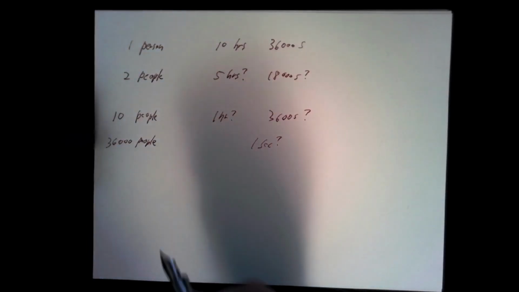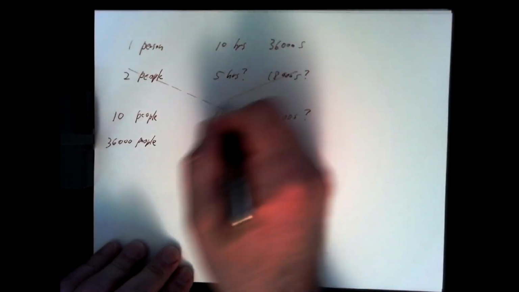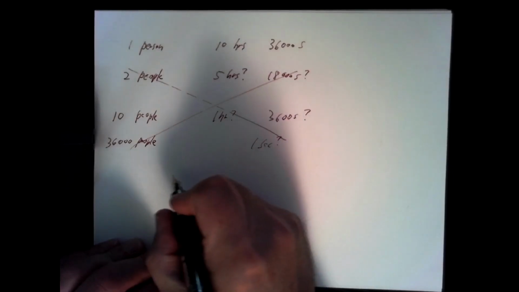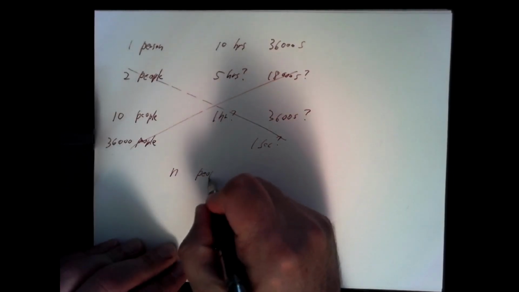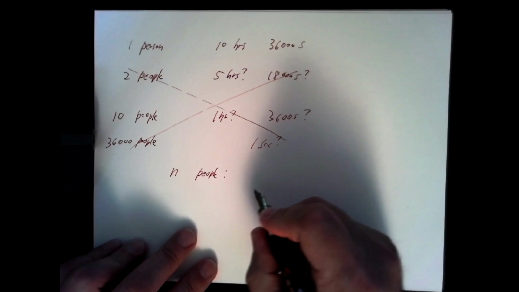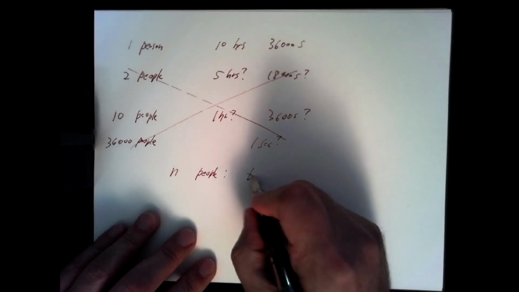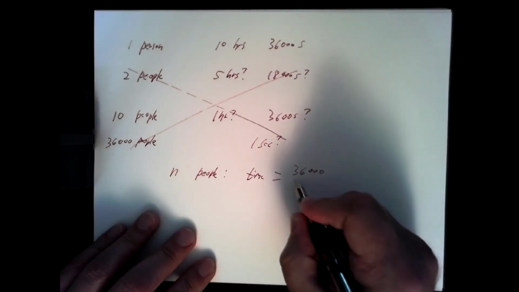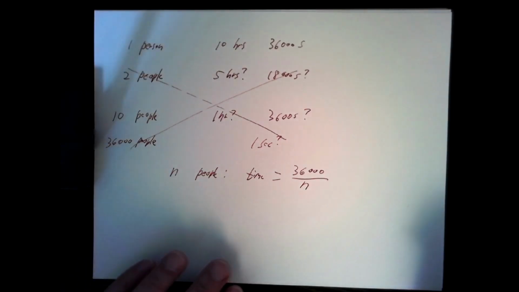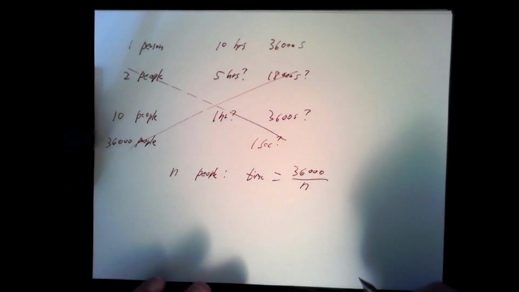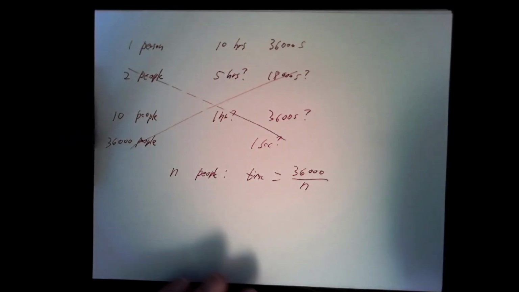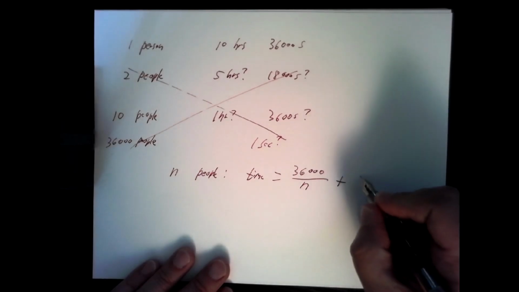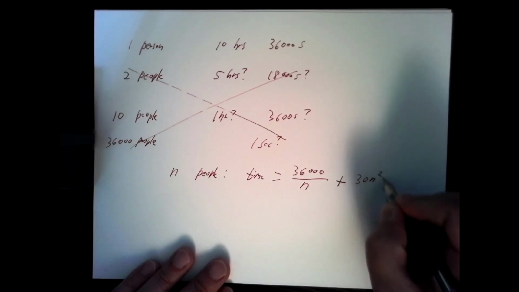So let me propose a formula, and let me say that if you have n people, the task time is going to be 36,000 seconds divided by n. But there's going to be overhead, and the overhead gets worse the more people you add. So I'm going to say, just sort of randomly, 30n squared.